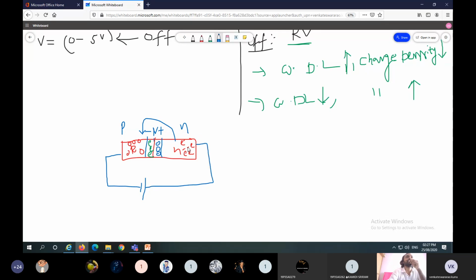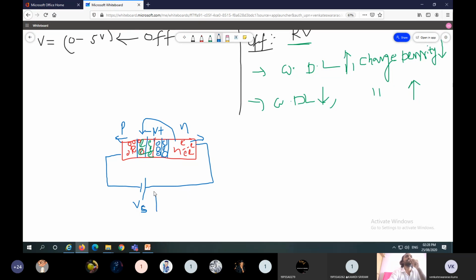So electrons are attracted towards the positive plate and holes are attracted towards the negative plate, and some of the electrons move to this region and some of the holes move to that region. So the width of the depletion layer increases in reverse bias condition, and it blocks the supply voltage. This is the supply voltage.